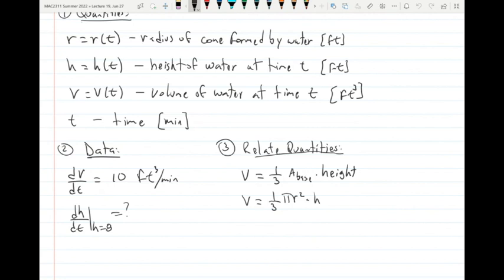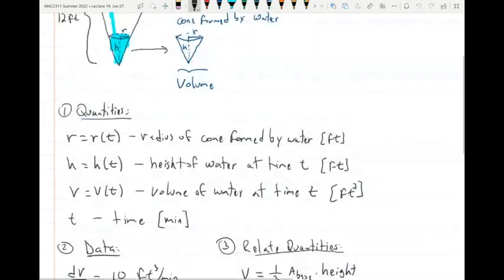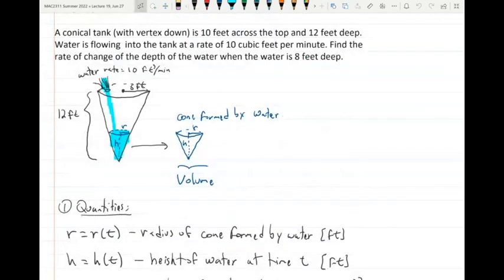Remember, this is the r of the water. We're not given anything about R, we're not given anything about dr/dt, which is going to pop up when you take the derivative. Is it clear what the situation is? So, what do we do? We go back to square one. Let's study our situation a little bit more and see what we can do, okay?